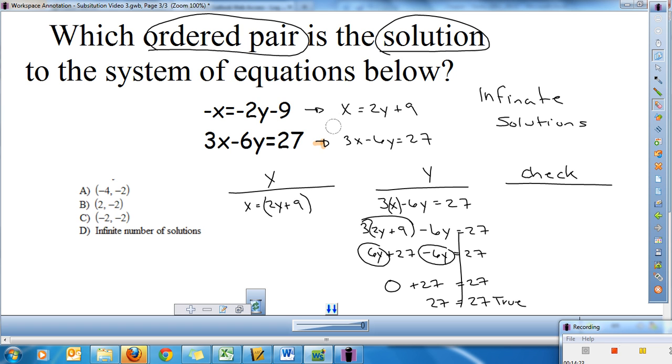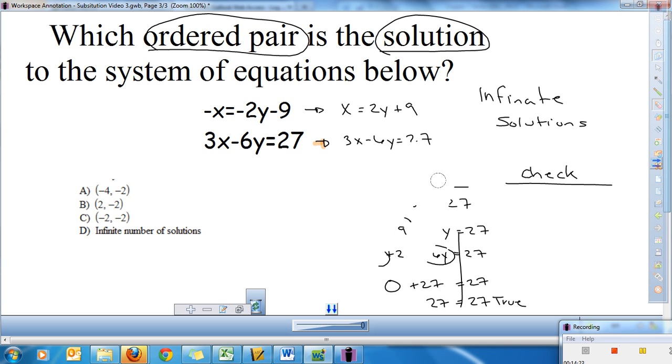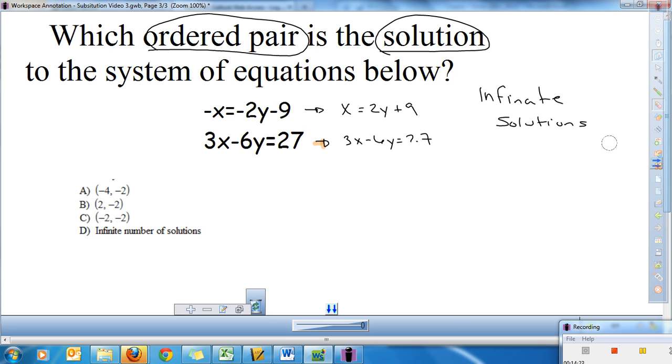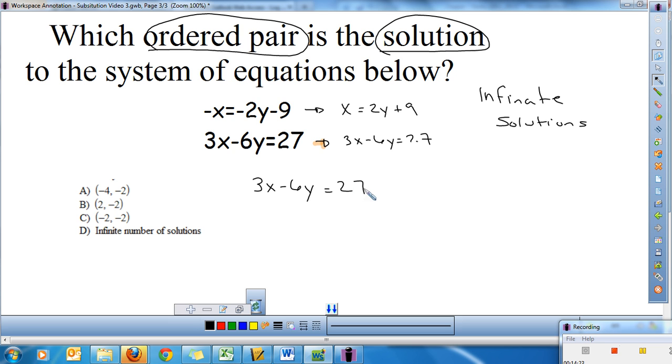We've already have this equation rearranged so that x equals 2y plus 9. So I'm going to take this second equation and rearrange it and solve for x. So I'm going to go ahead and erase this work so I have a little bit of room. So I have 3x minus 6y equals 27. If I were to rearrange for x, I would first get rid of the 6y.